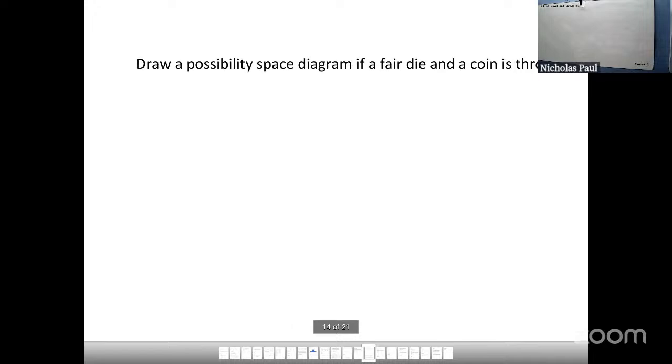The objective is to find the probability of obtaining a head and a value more than 4. Do a possibility space diagram first.